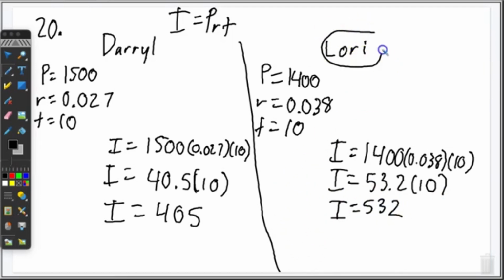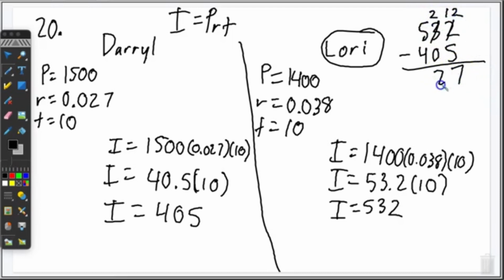Lori will. And when we subtract, it'll be 532 minus 405. The answer should be 127. Little hiccup in the answers, but after 10 years, Lori will have 127 more dollars than Daryl.